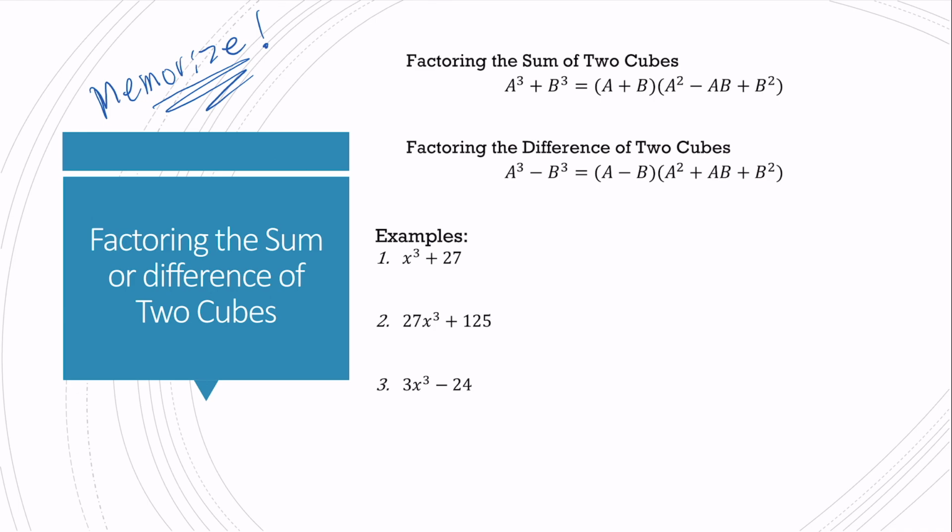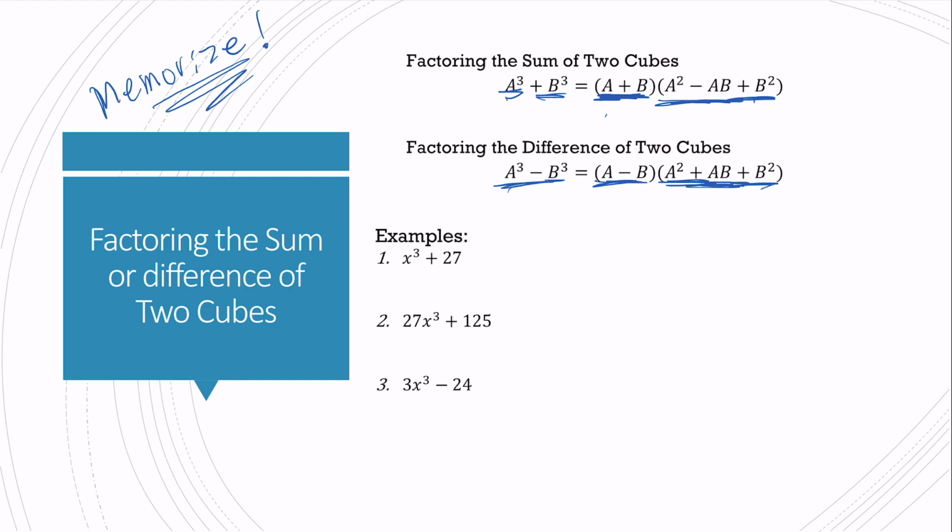So if I have the sum of two perfect cubes, it's going to factor into a plus b times a squared minus ab plus b squared. If I have a difference of two cubes, it's going to factor into a minus b times a squared plus ab plus b squared.